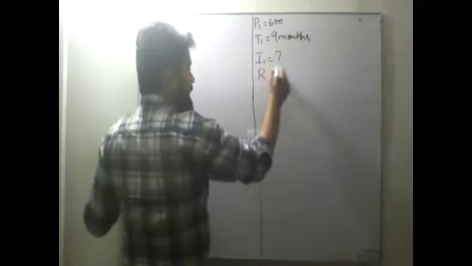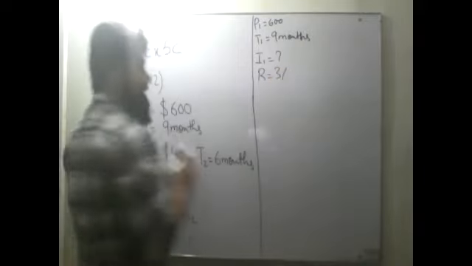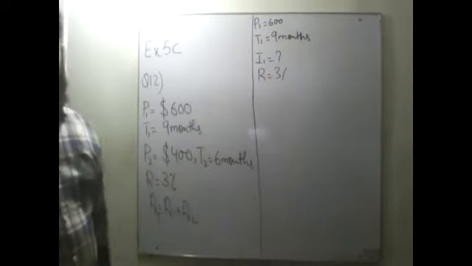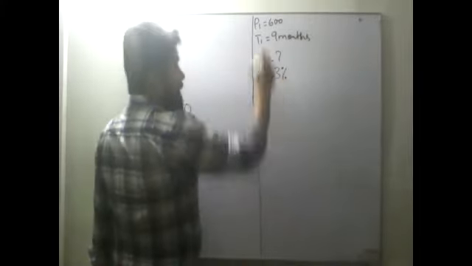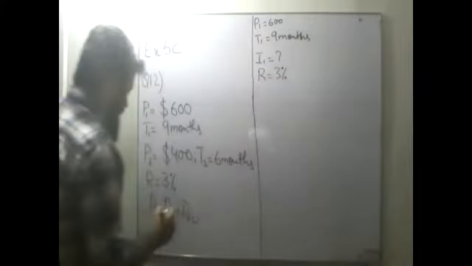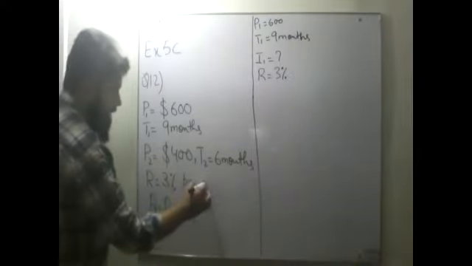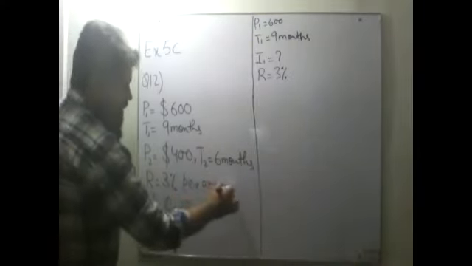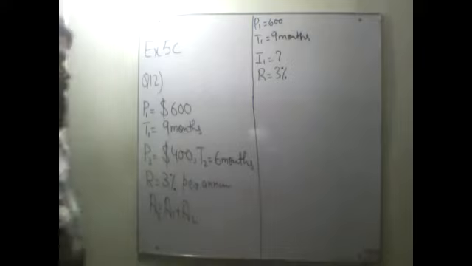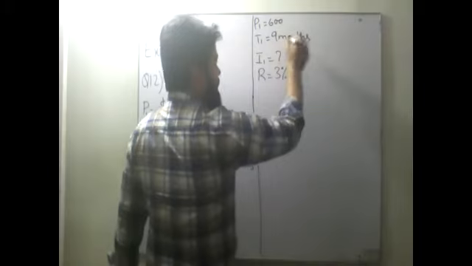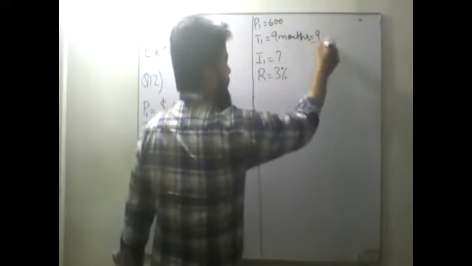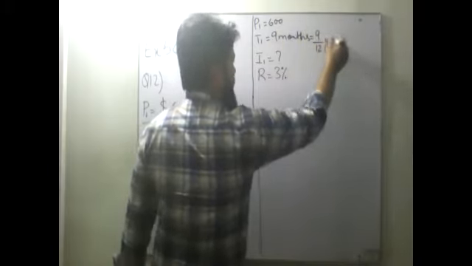Rate is given 3% and it is fixed for both, so I've written 3%. This is given 3% per annum. So it means I have to shift this thing, which is written 9 months. I have to divide it, 9 over 12, to make it years.